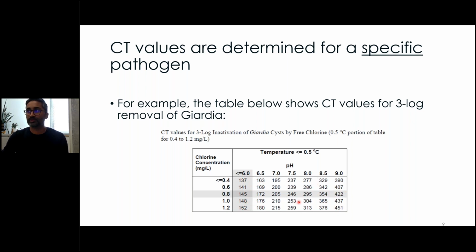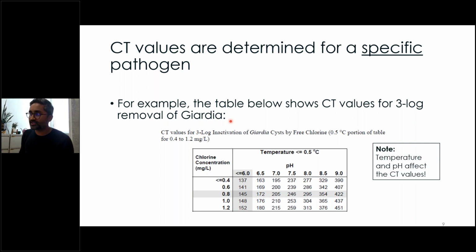That's the combination of multiplying the concentration by the contact time. And that value is indicating what is required under certain conditions in order to get 3-log removal of Giardia. So what are some of the conditions that we care about? Well, two things that we need to note are that temperature and pH both affect the CT values, and that's because both of those things affect how well a disinfectant works.